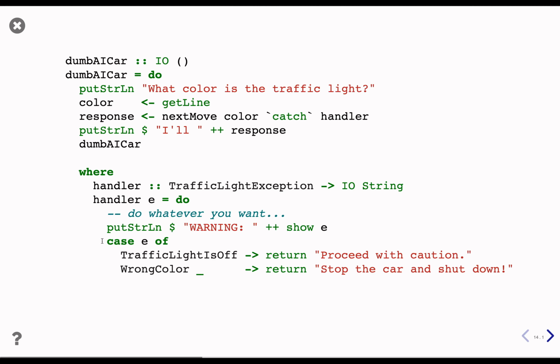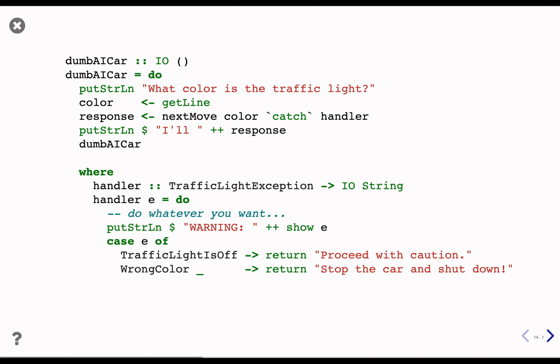And then we do a case analysis. In the case that traffic light is off, we tell the car to proceed with caution. But if we have a wrong color, we don't care really about what was provided as value, but we know that something is wrong with our sensor, so we're going to gently stop the car and shut down the AI.